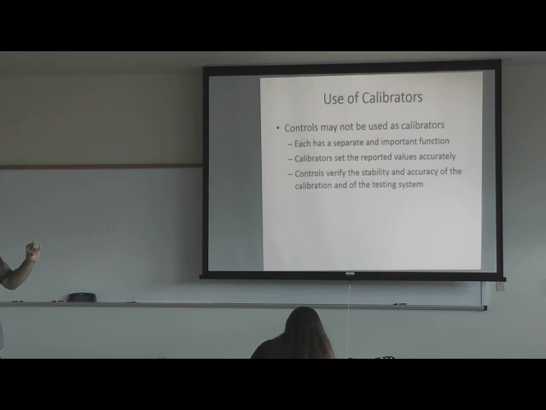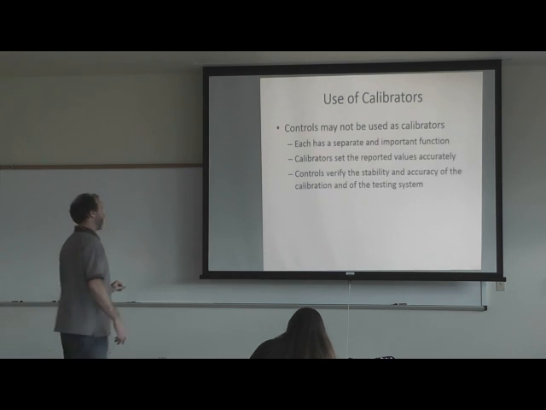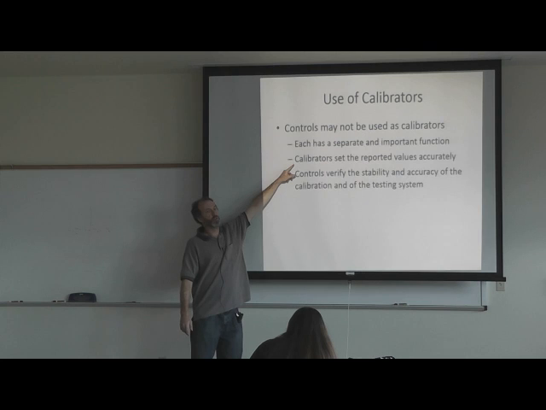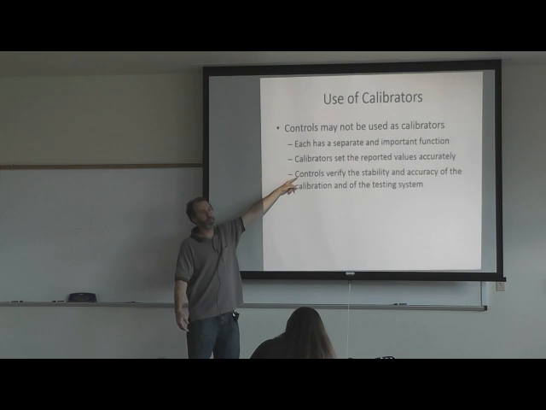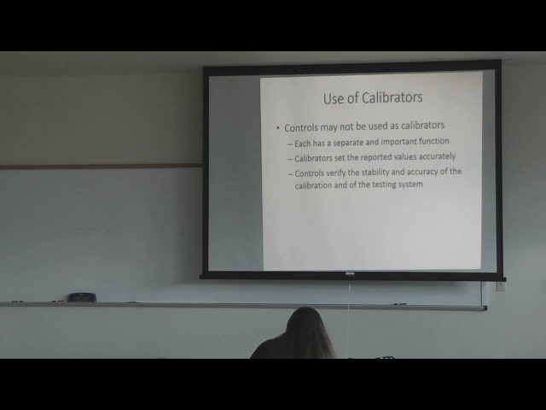We'll see, we have calibrated weights for this thrilling lab we're going to do. But the controls just verify the stability and accuracy of the calibration in the testing system. So you cannot calibrate with controls, but you can use calibrators as controls if you have to, right? But never use your controls as calibrators.